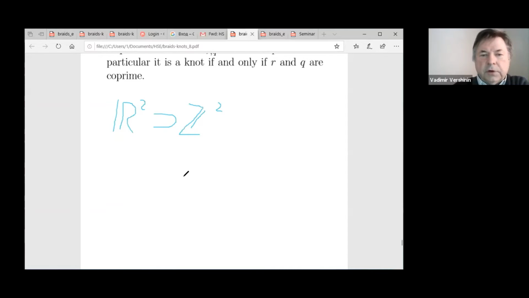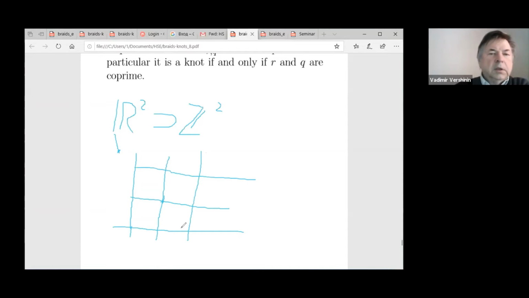So you can see the torus as follows. Say this is our R2, and in this point you have our wonderful Z2.